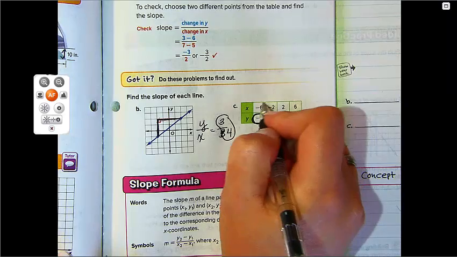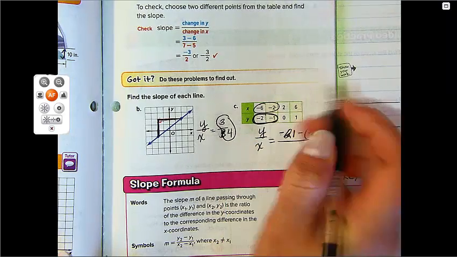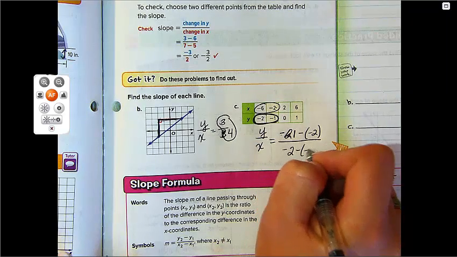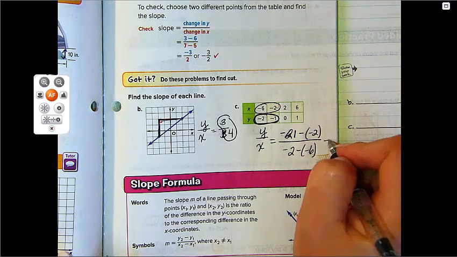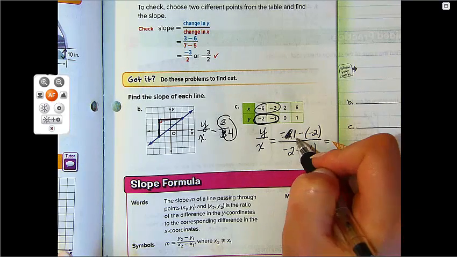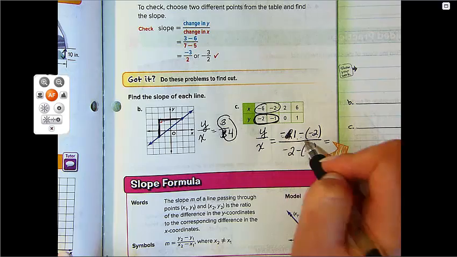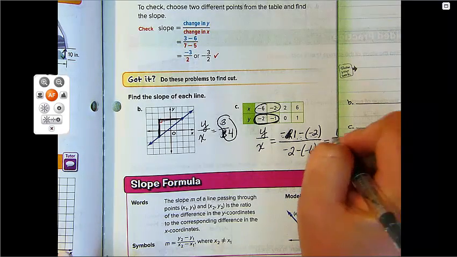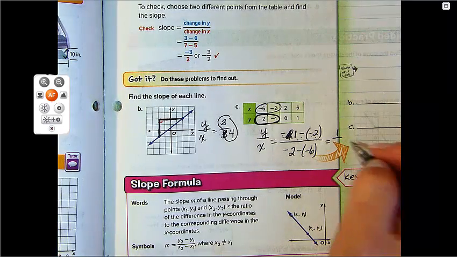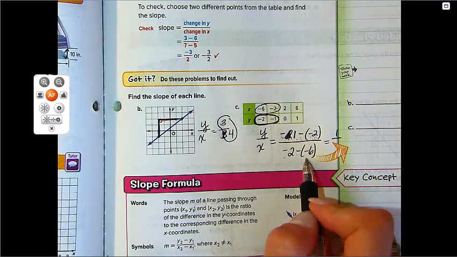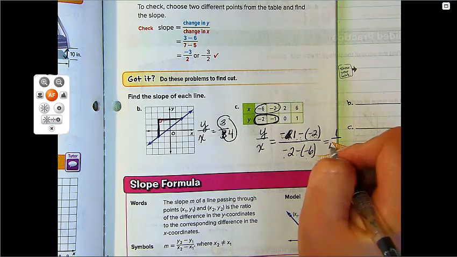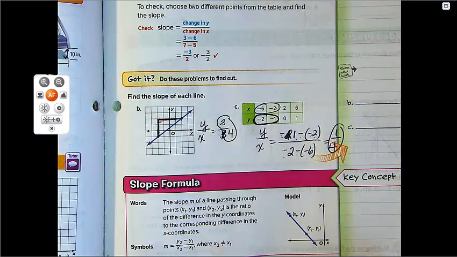My change in x then goes from here to here, so I have a negative 2 minus a negative 6. So if I did the math, a negative 1 minus a negative 2, which means a negative 1 plus 2, I would have a 1. And if I look at the bottom, I have a negative 2 minus a negative 6, which is the same as a negative 2 plus 6, which is a 4. So my slope is 1/4.